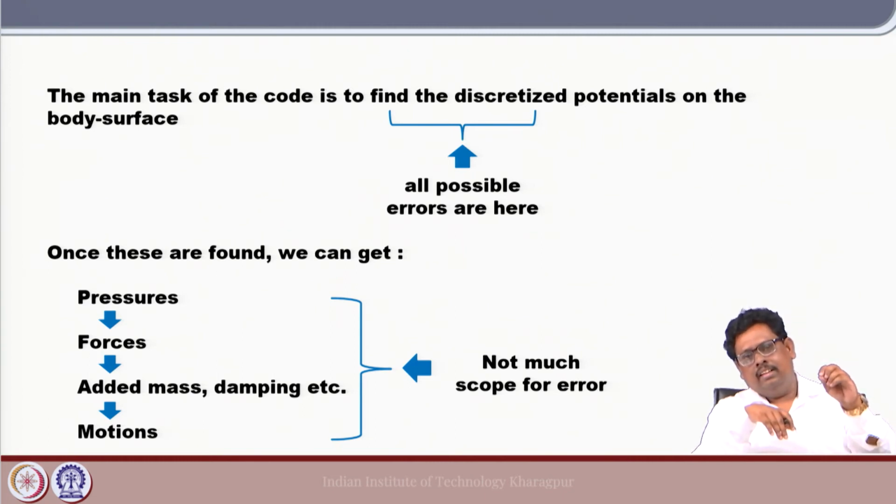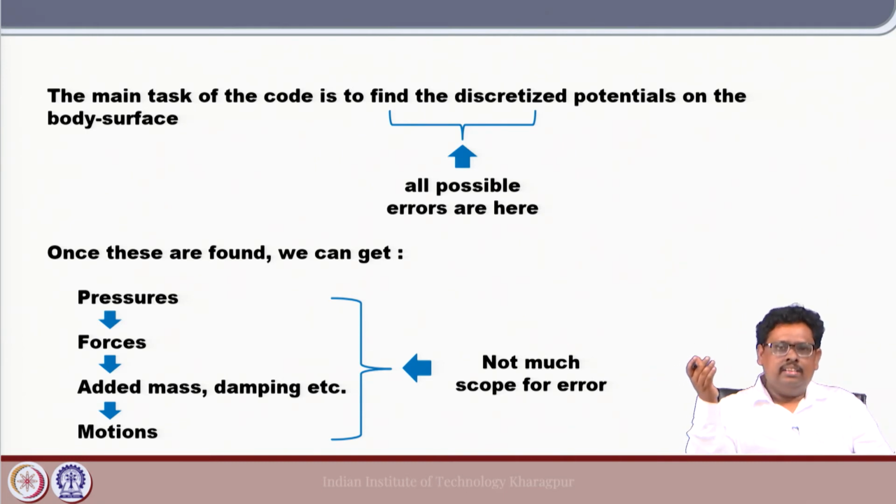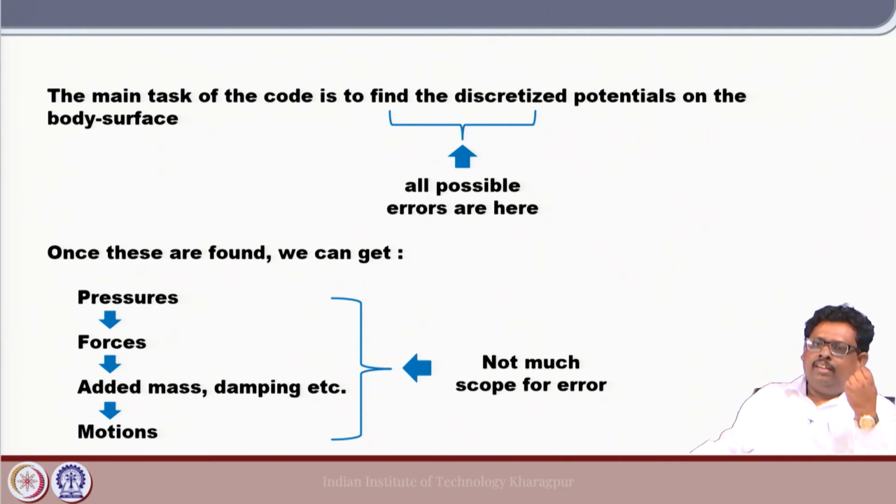Once you solve this matrix and get the solution for phi, the rest is simple algebra: you multiply phi with rho, the normal component n_i, and the area of the panel ds_i. So, it is simply the summation of minus rho into phi_i into n_i into ds_i. These are the simple algebra steps to get the force.